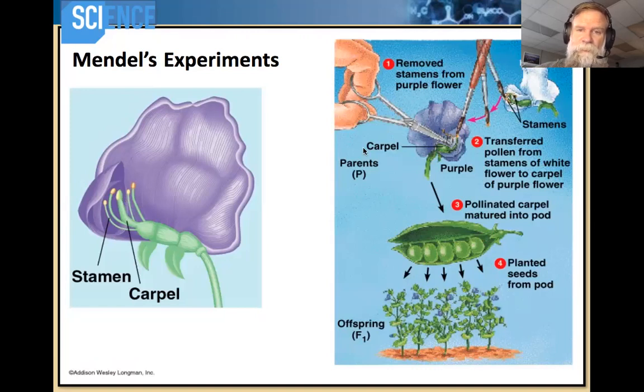And so he takes pollen from a purple flowered pea plant and then applies it to a white flowered pea plant. And then he snips all of the reproductive parts off so that that white flower cannot get self-pollinated by accident, right? These plants will self-pollinate. Many plants will self-pollinate.